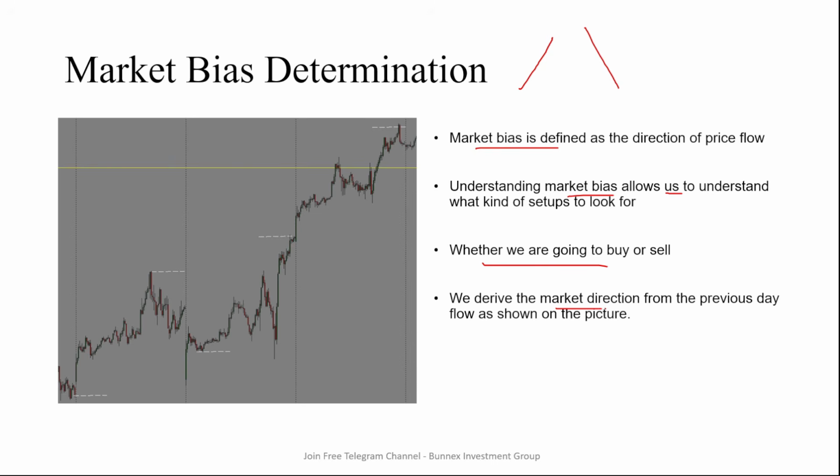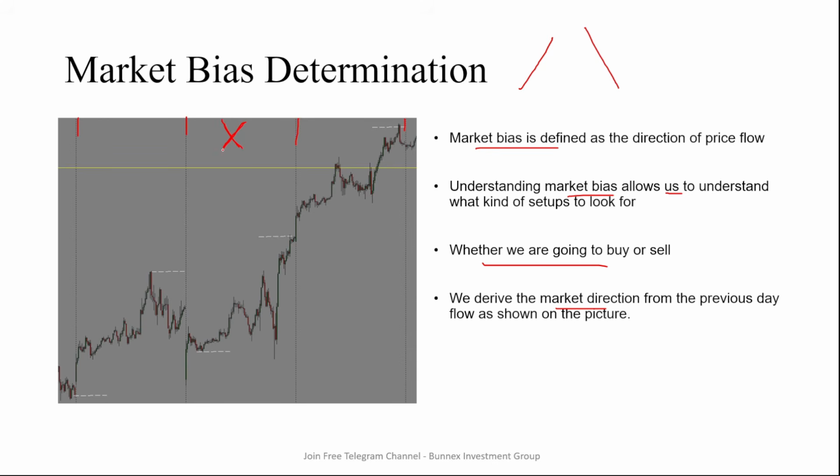So we derive market bias or market direction from the previous day's flow as shown in the picture. Here we can see day 1, day 2, and day 3. If we are on this particular day, we want to anticipate before this day moves. We want to know whether we are going to buy or sell.